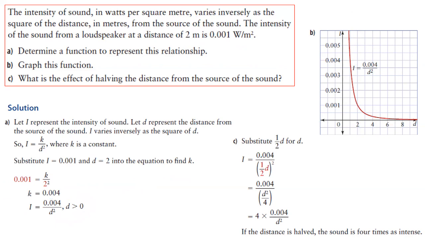C. What is the effect of halving the distance from the source of the sound? Okay, so if we consider the equation here, when d becomes 1 over 2d, that means I is 0.004 over d squared over 4, which is 4 times 0.004 over d squared, which is 4 times I. So if the distance is halved, the intensity is enlarged by a factor of 4.